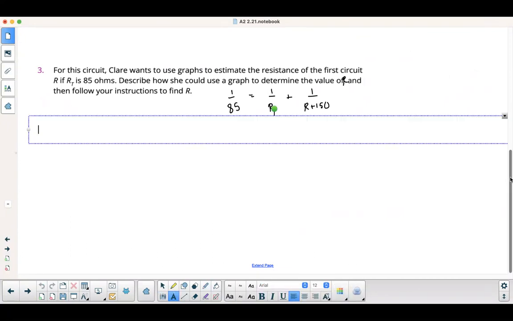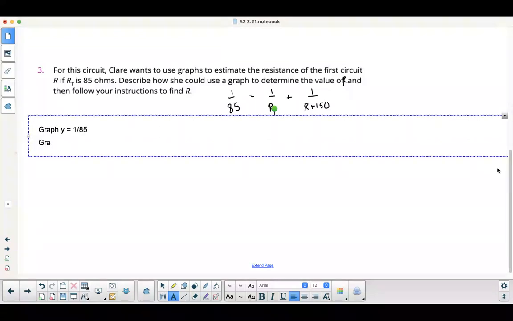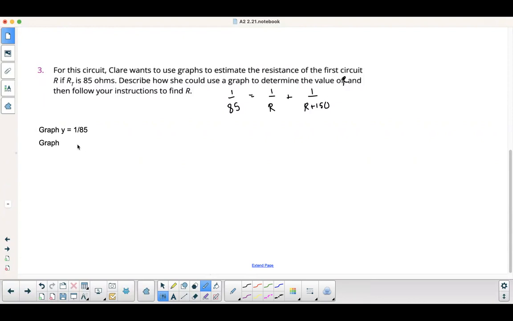I would graph y equals 1 over 85. I would graph, write it in, it's probably easier to write it, y equals 1 over R plus 1 over R plus 150. Probably have to use x instead of R. Maybe change the R to an x, because with Desmos and your graphing calculators, usually x is the independent variable.